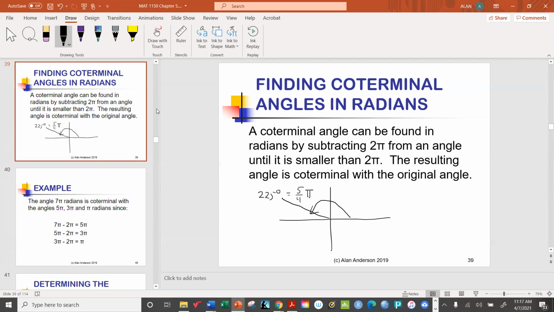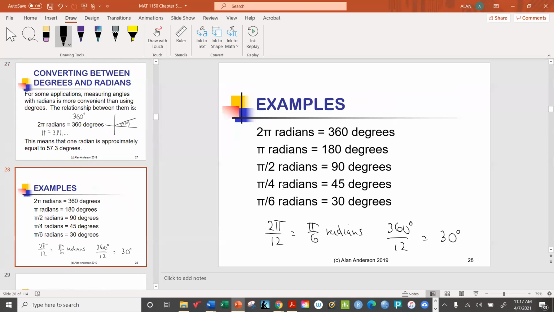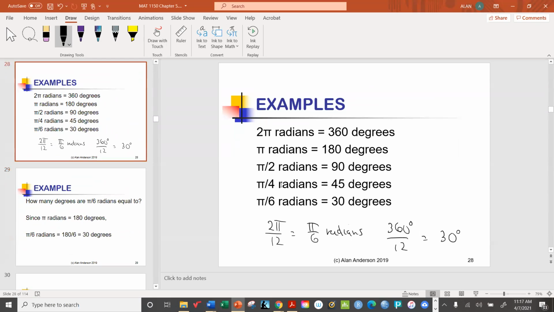No, that can't be right. I just realized I haven't drawn it properly. That would have to be down here somewhere. So instead of 225, let's stick with 135. That's better. And because that's equal to, let's see, how many radians would that be? That would be 3/4 pi radians.